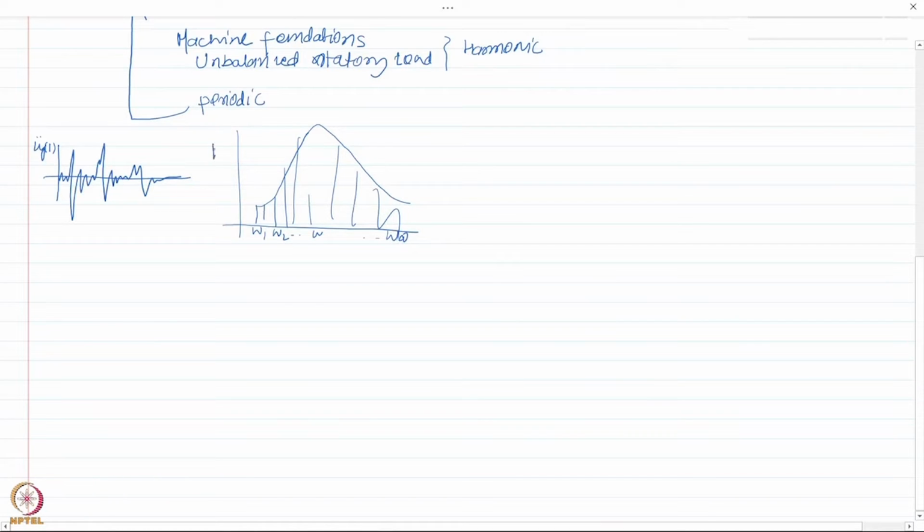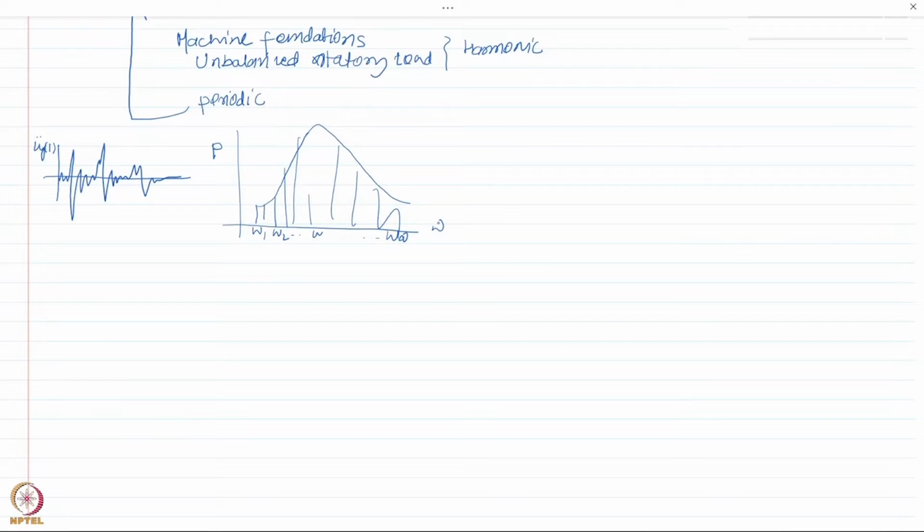This is the power spectral density, and this is frequency. So if I understand the response of a single degree of freedom system to individual excitation frequency, it would help me in analyzing or interpreting the behavior of the structure subject to earthquake excitation as well.